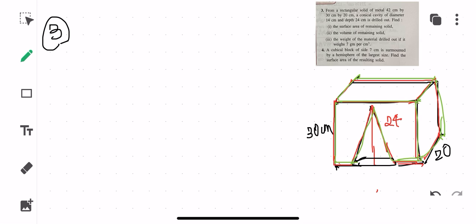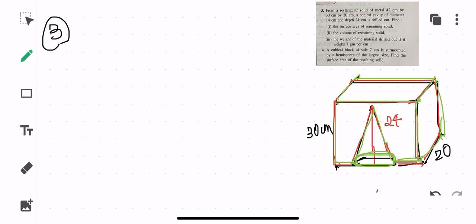So if you see what it will be, children, you will be taking the curved surface area of this particular cone, that is fine, but then what else will you be doing? You will be calculating the total surface area of this particular solid as well, but from that you will be excluding the surface area of this circle.